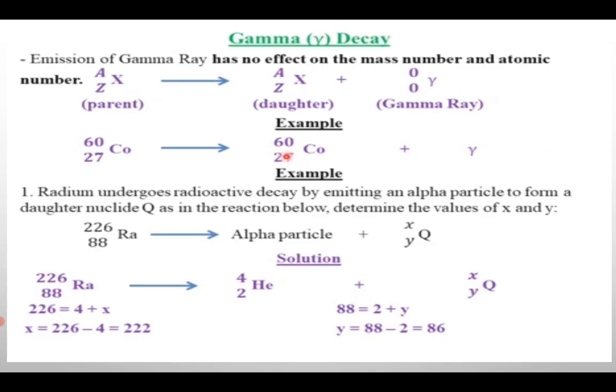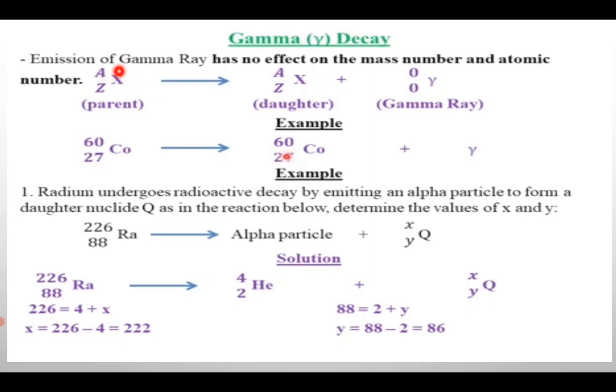Therefore, when an element is emitting gamma, its mass and atomic number will not be affected. So we are saying that emission of gamma rays has no effect on the mass number and atomic number of an element.